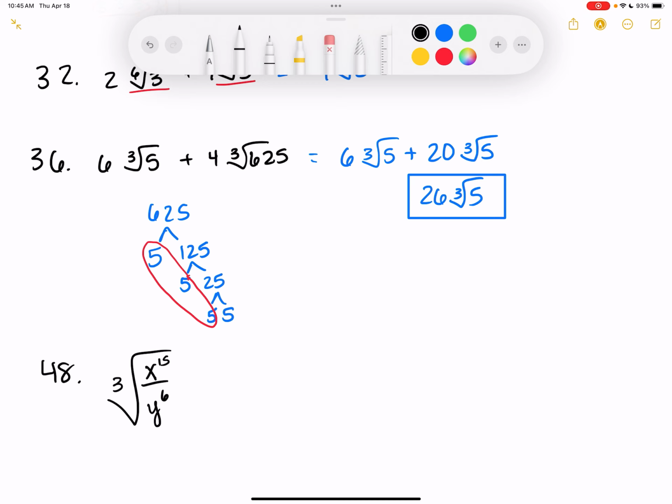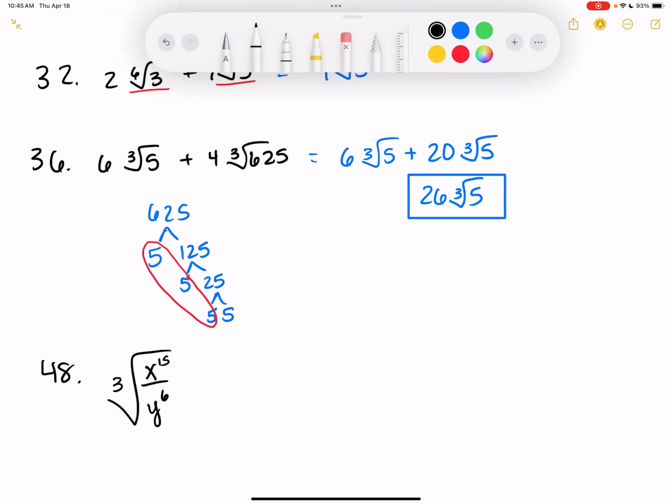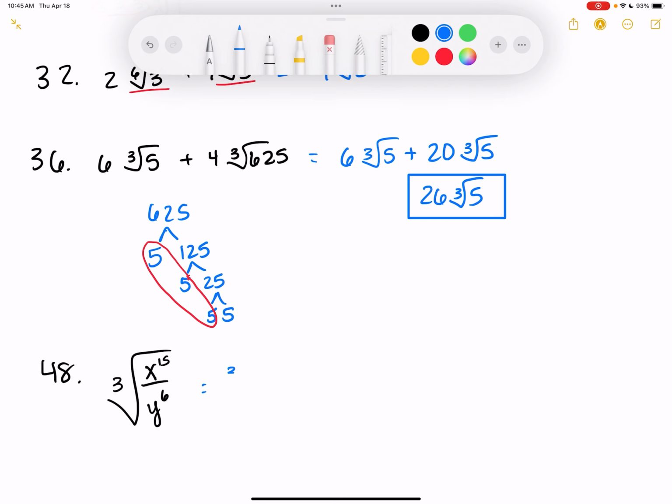Because it's a radical of a fraction, I can split it top and bottom. So I'll have the cube root of x to the 15th over the cube root of y to the 6th.